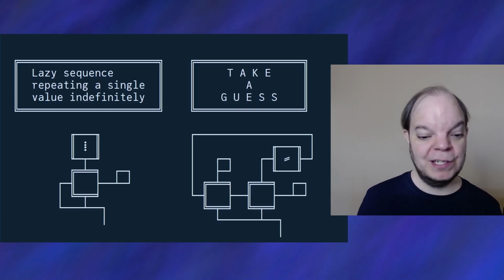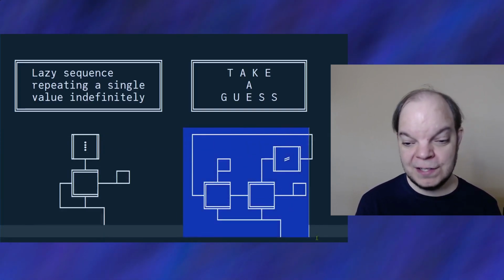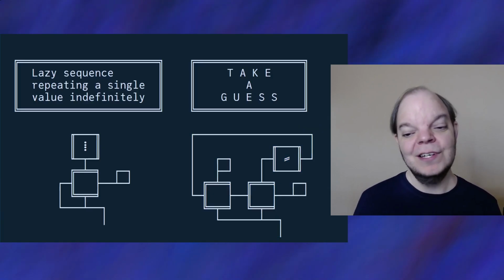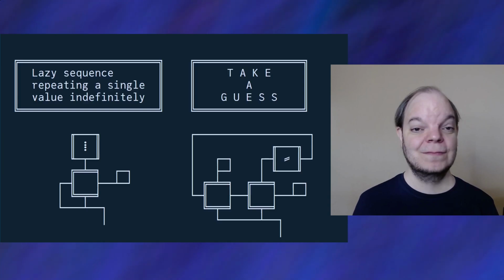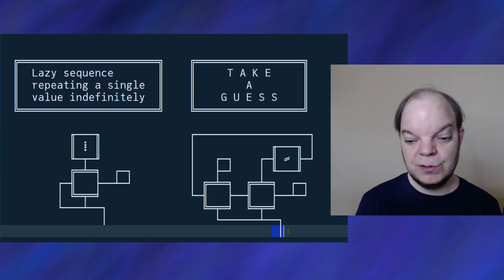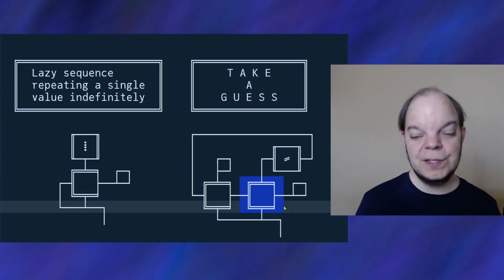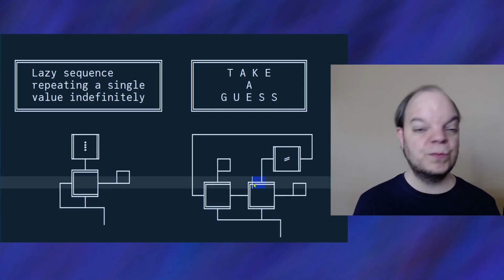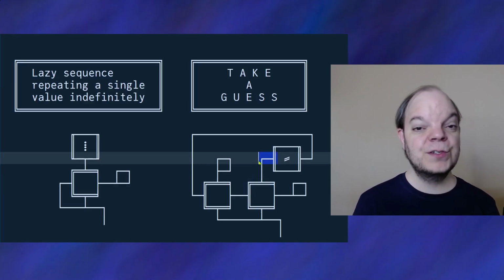But what if we want an infinite sequence that does something more interesting? So here's an example function that does something slightly more elaborate. Pause the video here and see if you can guess what this function does. Well, let's take a closer look. So this function returns this lambda expression, representing a lazy sequence. And the first output, which is of course the first element of our sequence, is the first input to this function.